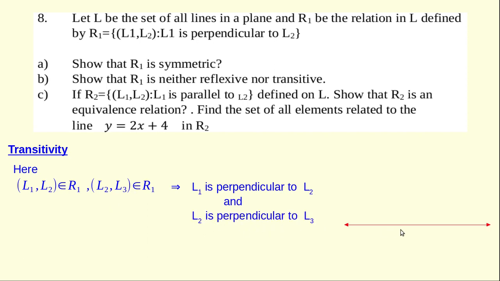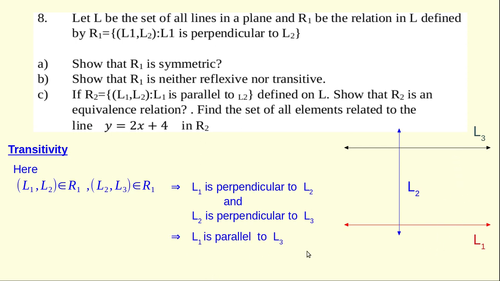Suppose this is L1, then how will L2 be perpendicular to L1? Okay, this is L2, and how can I draw L3 that is perpendicular to L2 like this? Now see the relation between L1 and L3. Are they perpendicular? No, they are parallel. L1 is parallel to L3.